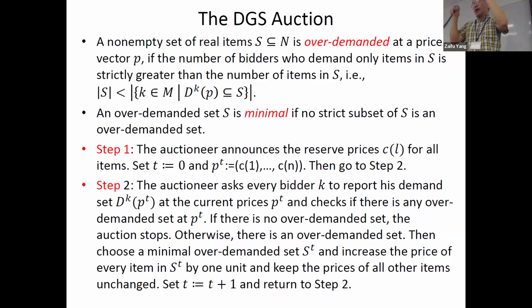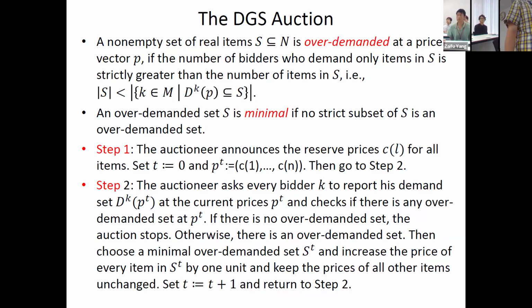Then the auctioneer asks every bidder to report its demand set. After receiving all demand sets, the auctioneer checks whether there is an over-demanded set or not. If there is none, then stop.